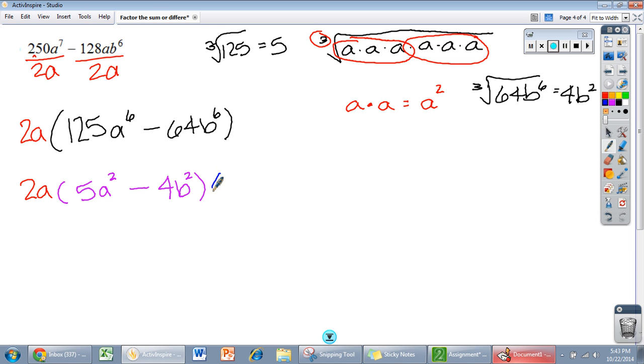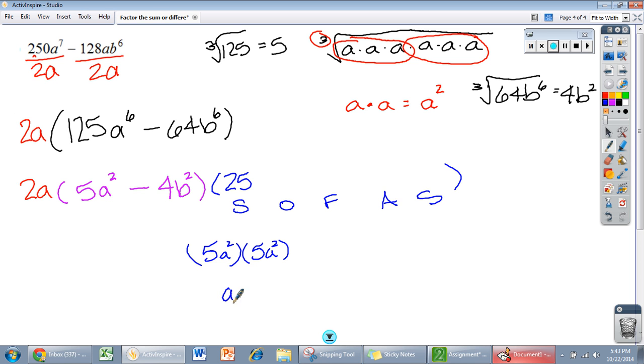All right, so let's do SOAP. We're going to square the first. So now we're talking about 5a squared times 5a squared. Well, 5 times 5 is 25. A squared times a squared: if you remember your exponent rules, we have the same base, and when we're multiplying, we can add the exponents.